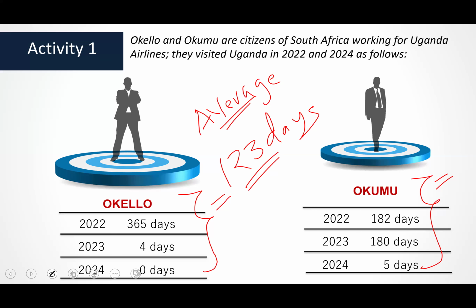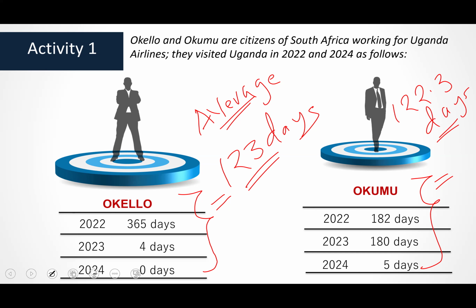So we are having 122.3 days for Okumu. So the criteria is 122. I think both of them exceed the 122.